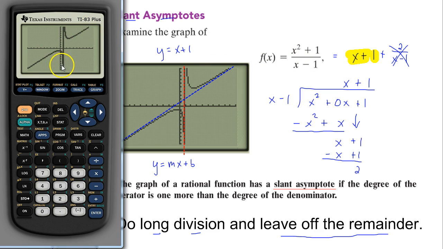If you don't leave off the remainder, it's going to be the exact same function again. They are equal. But leaving off the remainder, now it becomes that line. The asymptote behavior doesn't take place, and I get the line. So make sure that when you do this, you only put in the quotient part and leave off the remainder.